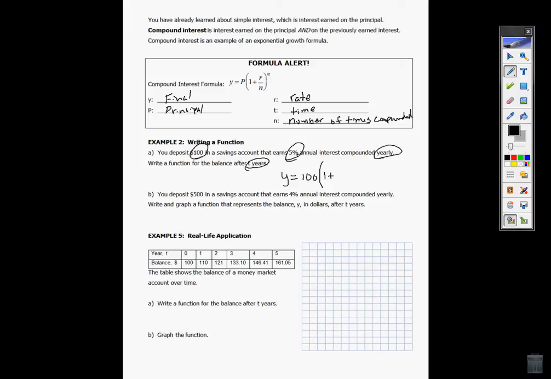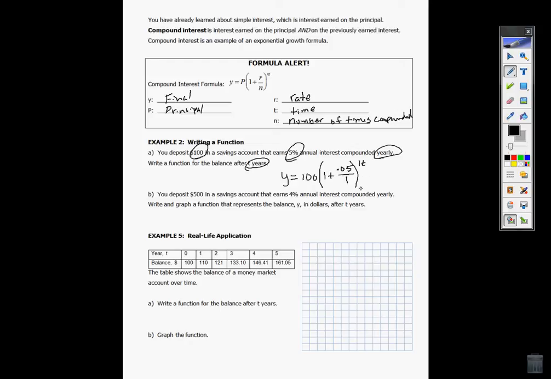It's 5%, but if you remember back to the other example 1, that 5% was written as a decimal, which means 0.05, over n, the amount of times compounded per year. So it says I'm compounded yearly. That means it compounds 1 time every year, raised to the n times t, which is 1 times t.